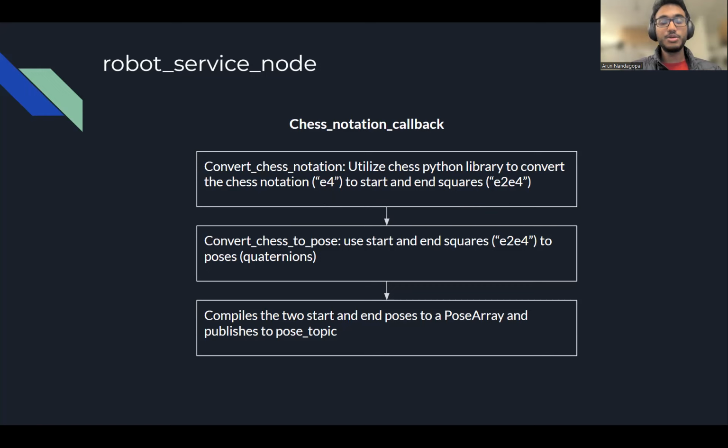We need to bring that to actual world coordinates, as in the xyz position for the robot to move. In order to do this, we already have an idea of how long each square is on the chessboard, and where the starting point of the chessboard is, that is the A1 point.